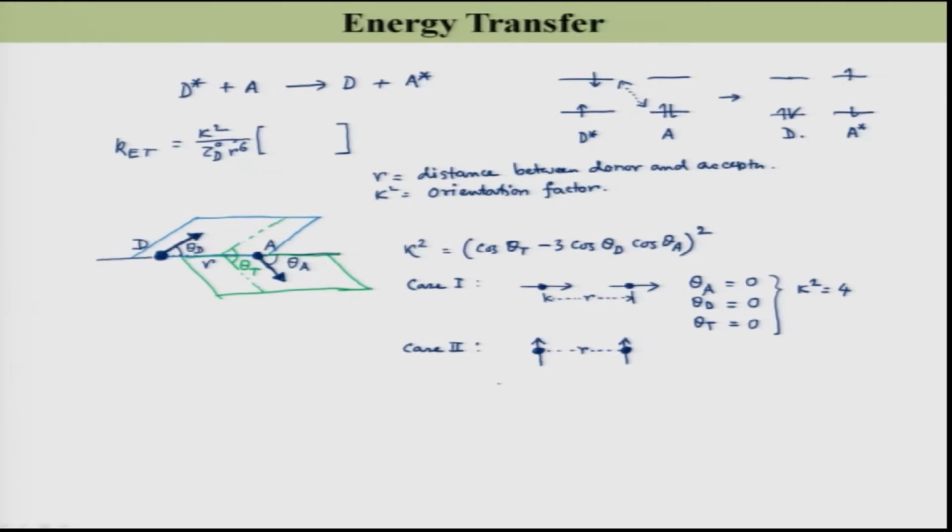For this case 2, I will also have different values of theta A, theta D, theta T. So, theta A is equal to 90, theta D is equal to 90 and theta T here will be equal to 0. So, in this case kappa square will be equal to 1, right.